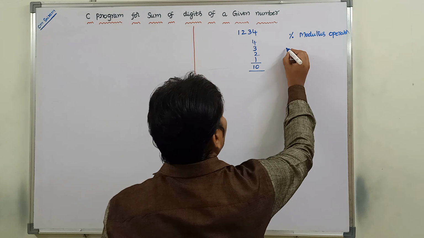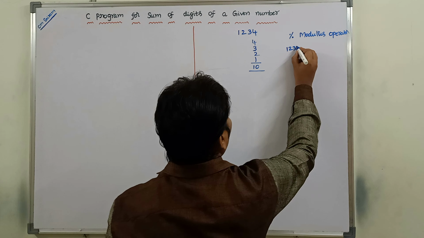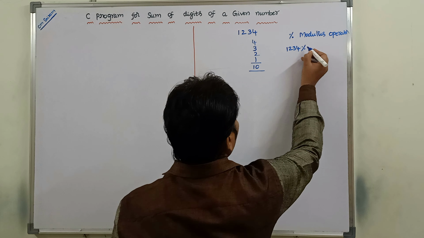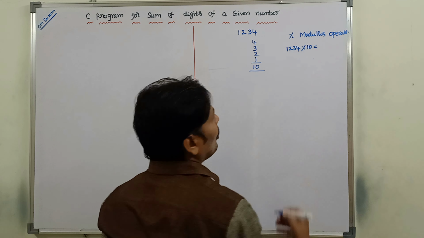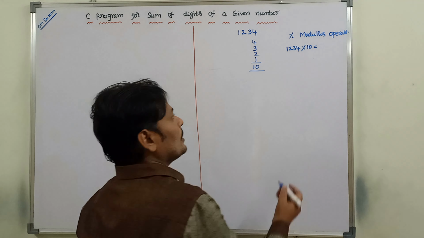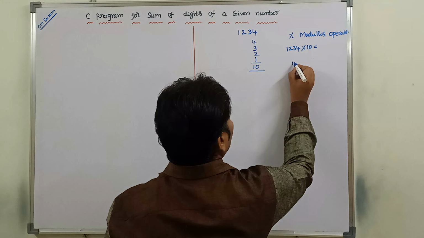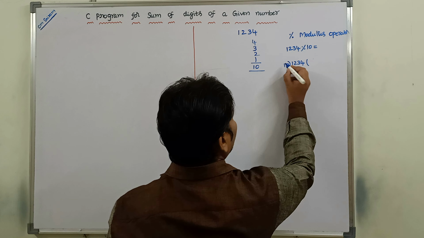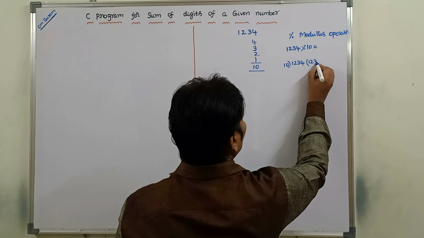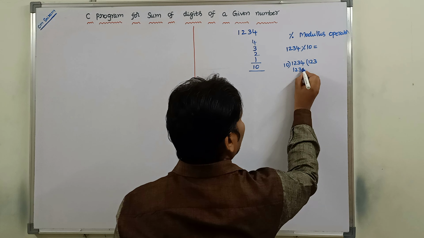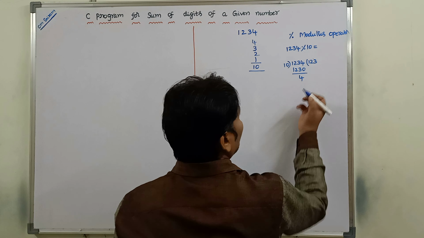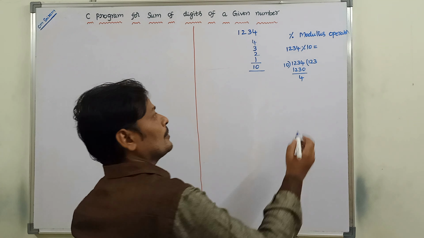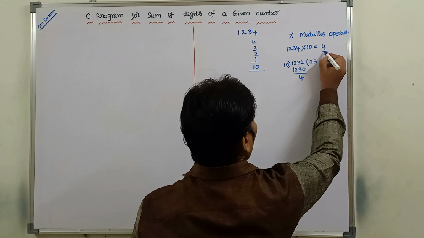For example, 1234 modulus 10. That means 1234 is divided by 10, and it returns the remainder value. What remainder are we getting? That is 4. So 4 is the remainder.